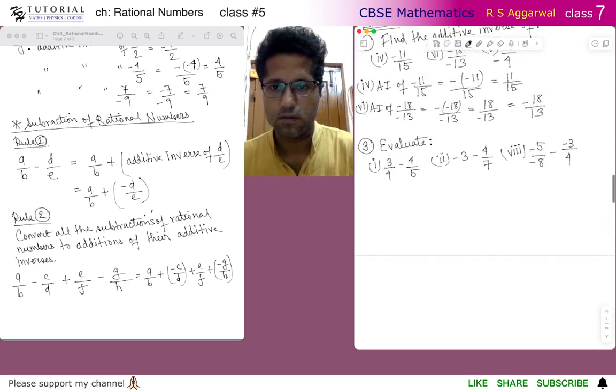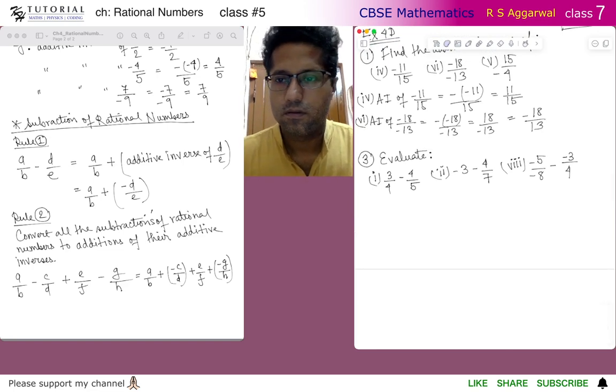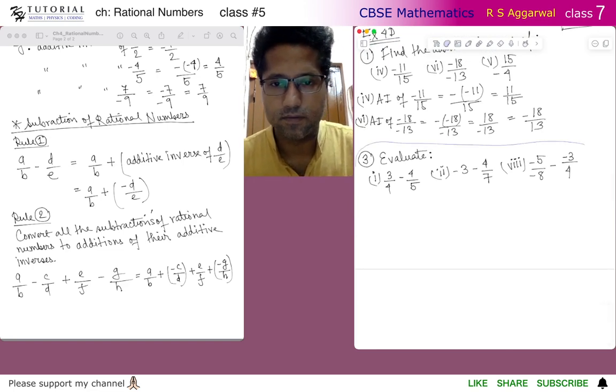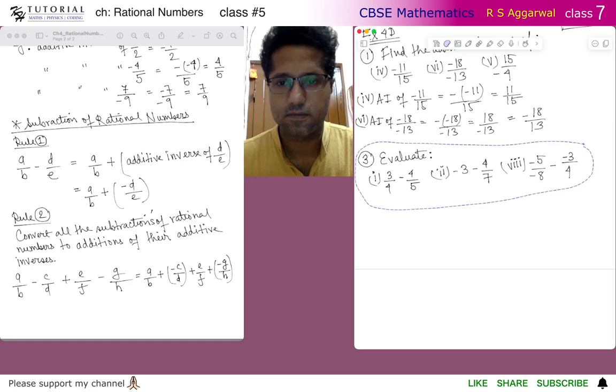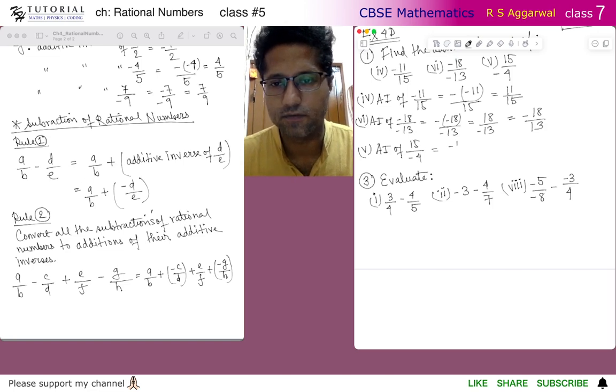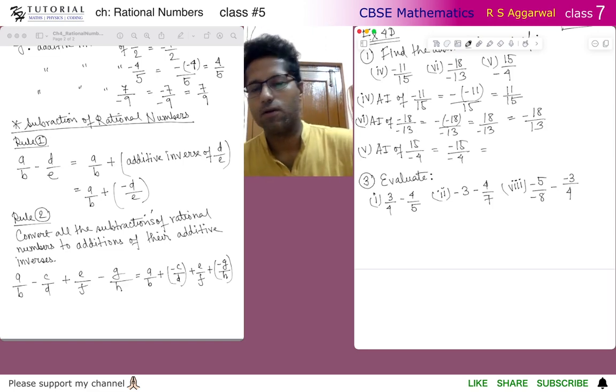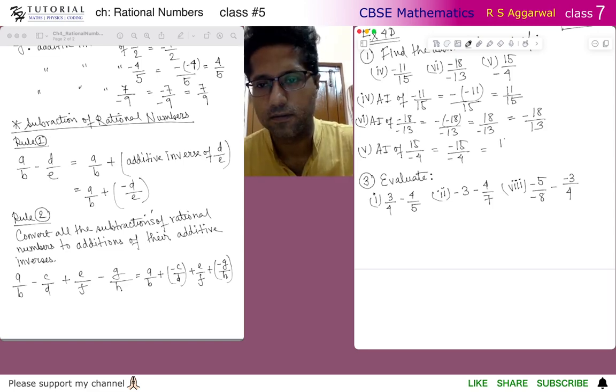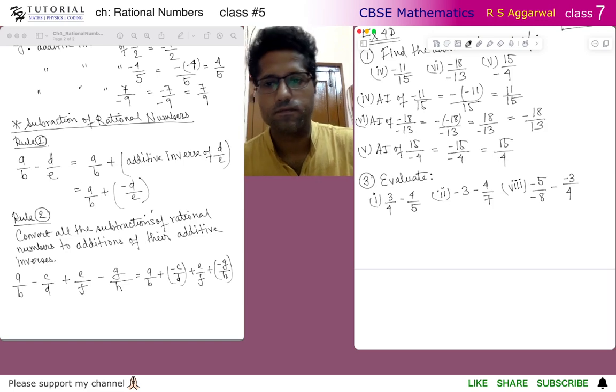And another one is left. Let me make some space. Okay. Now the fifth one is the additive inverse of 15 by minus 4 equals to, you negate the numerator, that is minus 15 by minus 4, and then you make the denominator positive and it becomes 15 by 4.